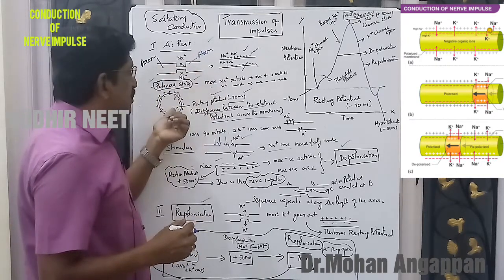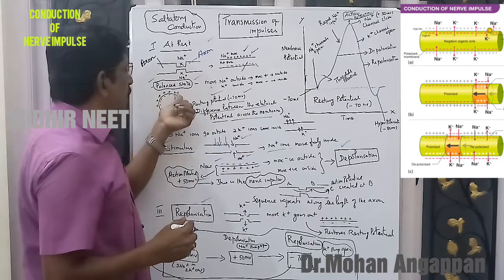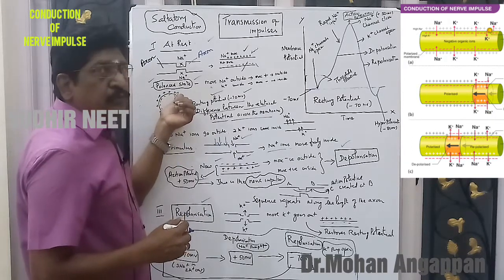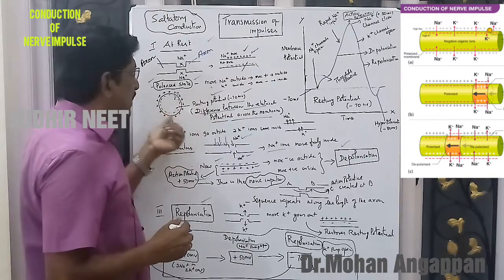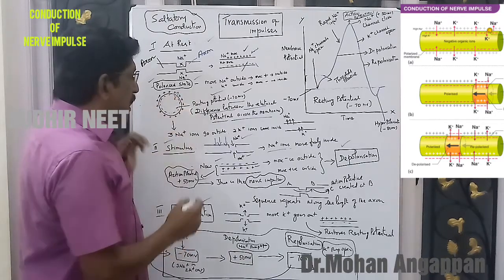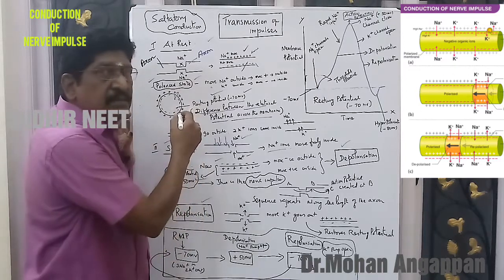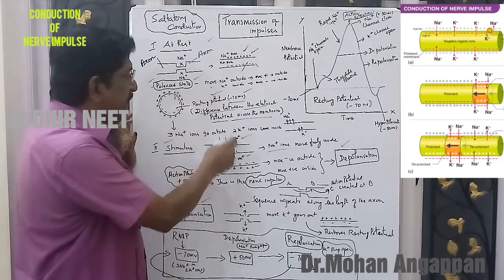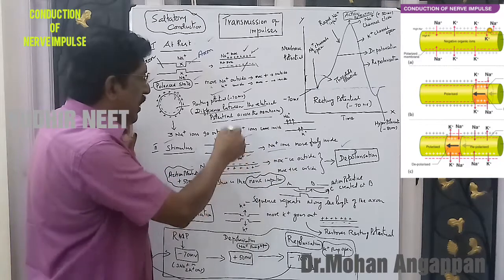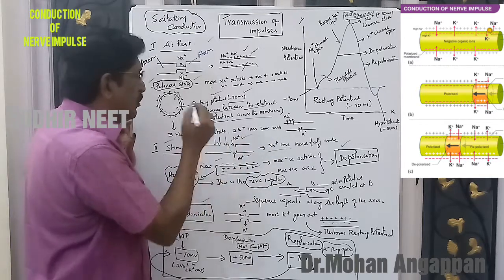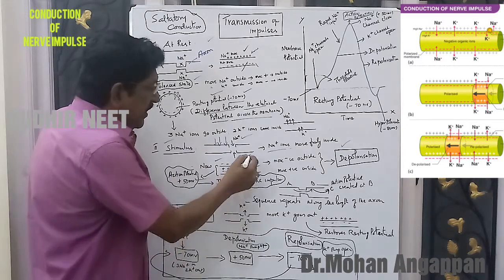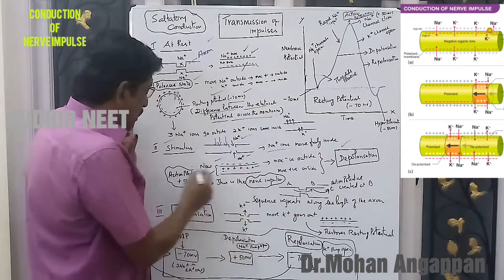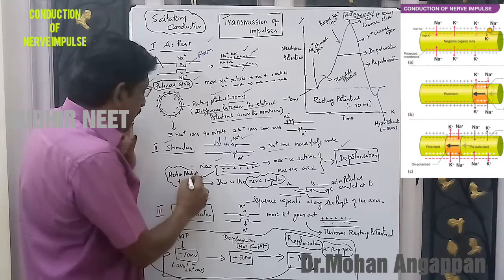So it is at a polarized stage. Outside the membrane more positive, inside the membrane more negative. Now when the stimulus occurs, what happens? The sodium channels open and more sodium ions flow inside the axon. That will create another potential, that is plus 50 millivolt.